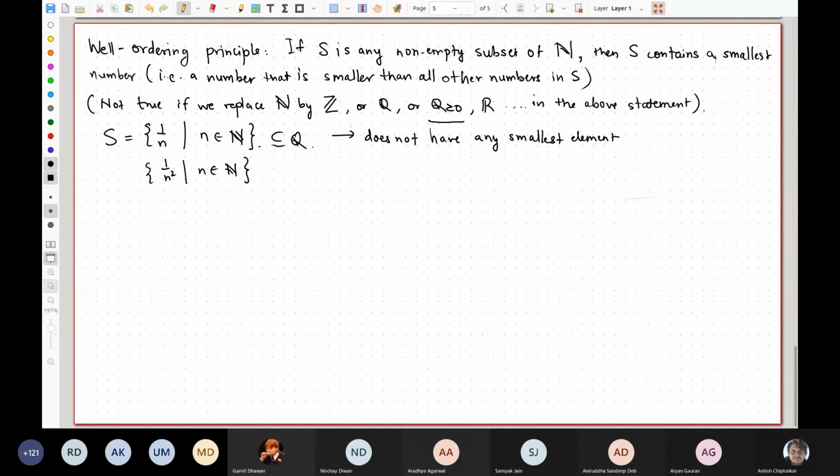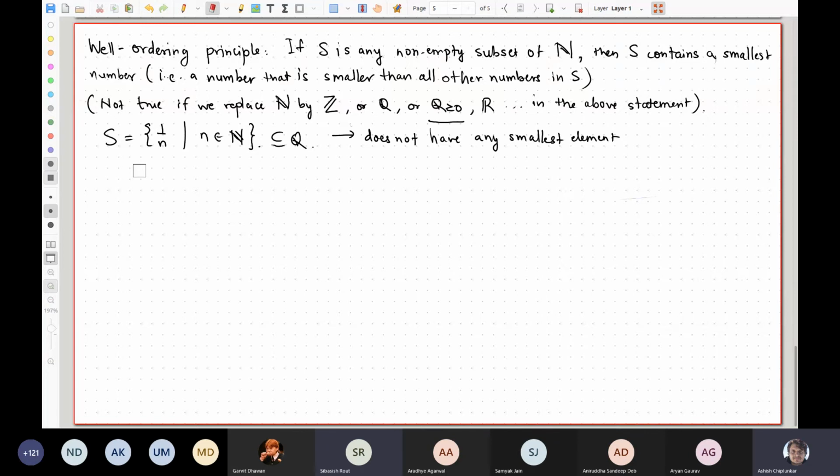Shibashish? I was also having a similar question. Does it depend on how we define the set? Then it may have a smallest element or not for these cases also. Obviously, if you just take a singleton set, that has the smallest element, since there is a unique element. Or even a finite set.